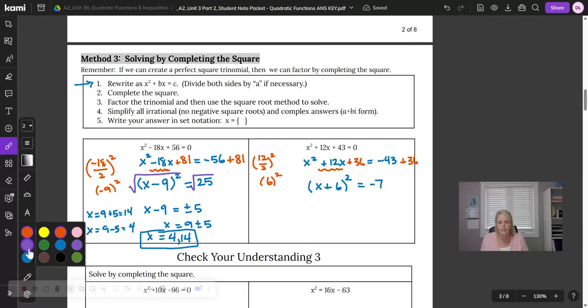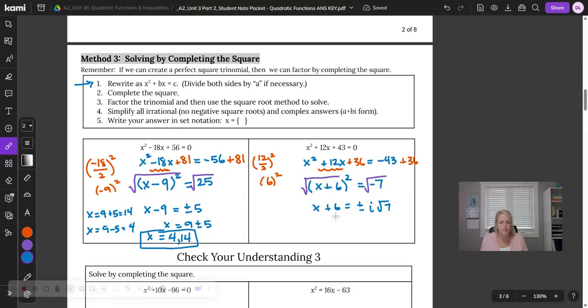And again, now I have a quantity squared equals a constant, so I'm going to take the square root of both sides. And I get x plus 6 equals, and here I have to pull out this negative. So the square root of a negative 1 is i, and we have the square root of 7, and don't forget your plus or minus.